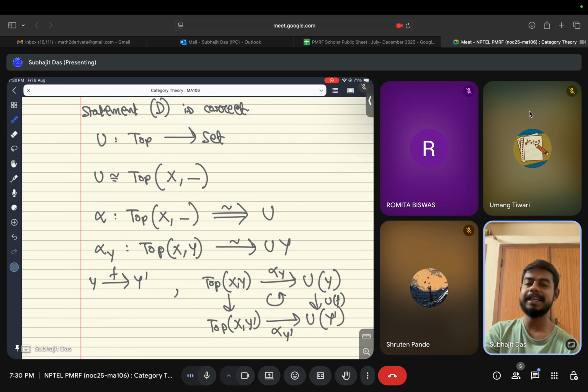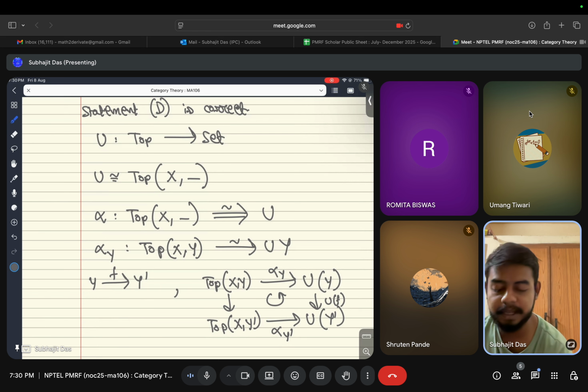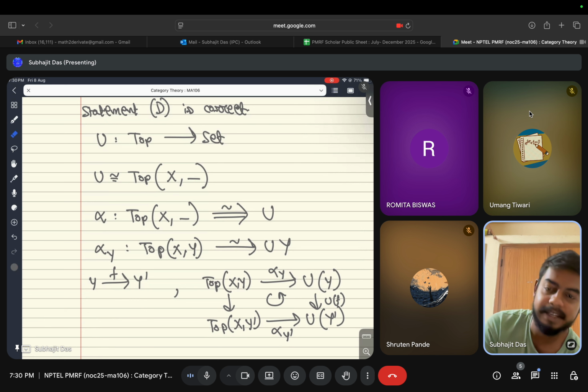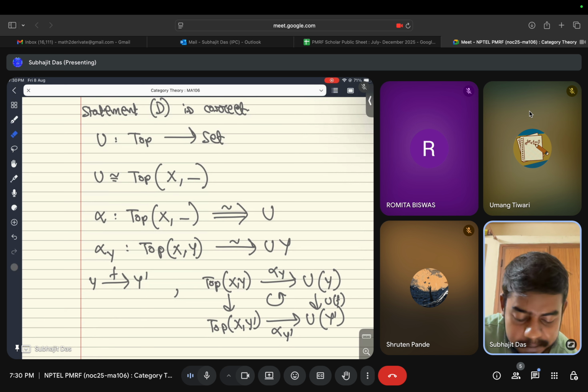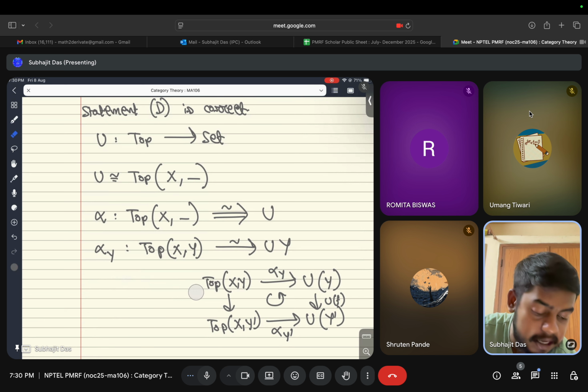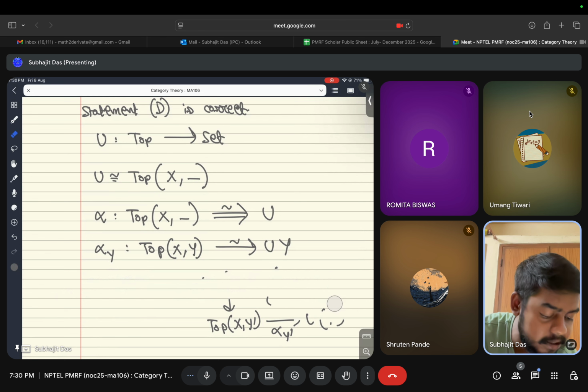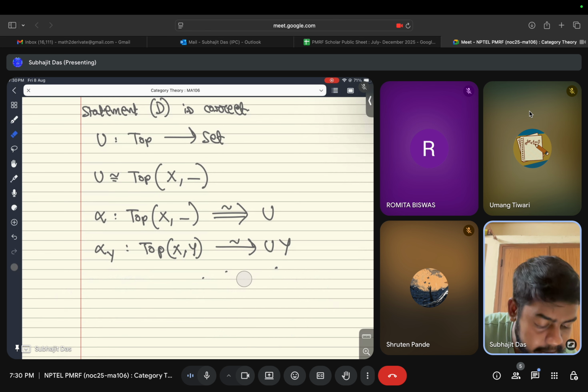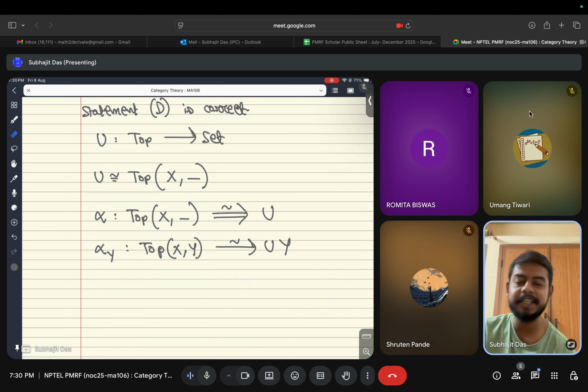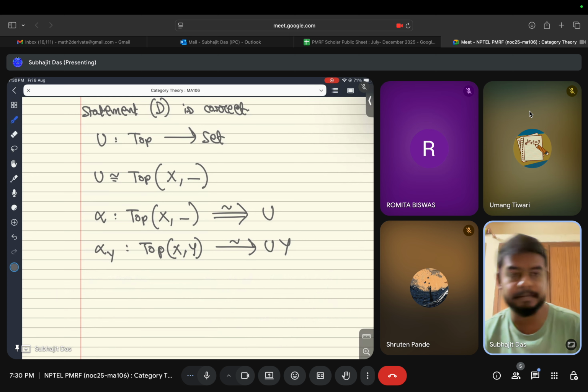So you need to check that alpha_Y is natural in the variable Y, or in other words, you need to check that alpha, with component alpha_Y at the object Y, is a natural transformation. This is very important. We'll skip that for the time being, but please do fill out the details. But the question is, what can this bijection be? First of all, what can the space X be?